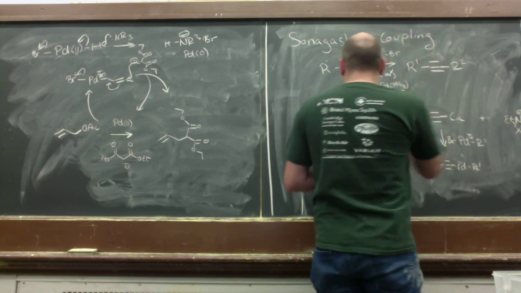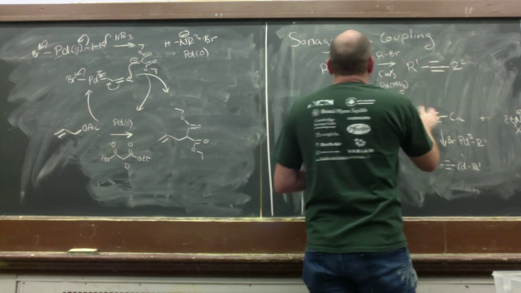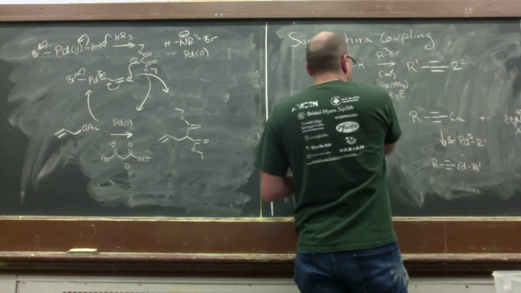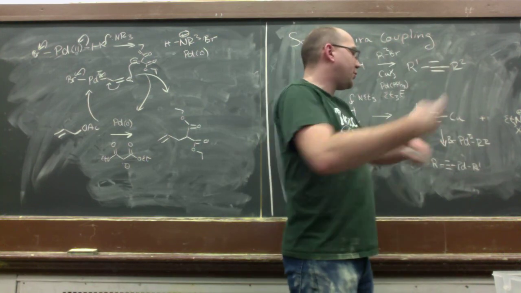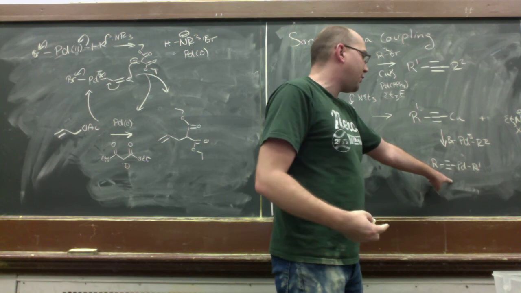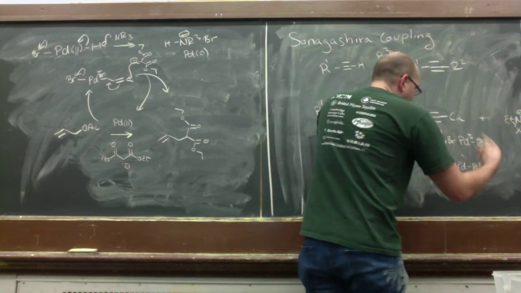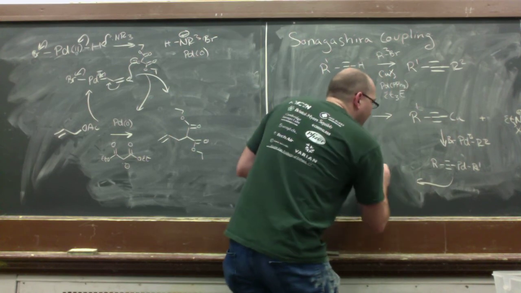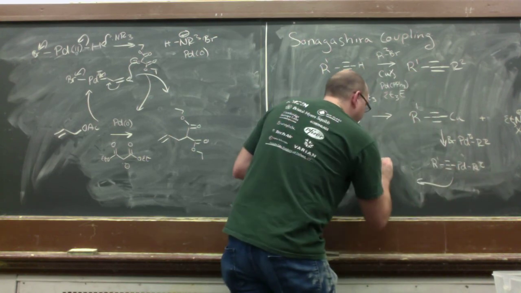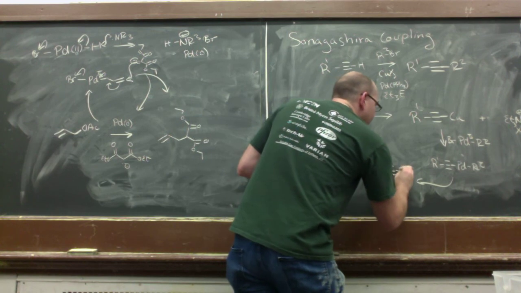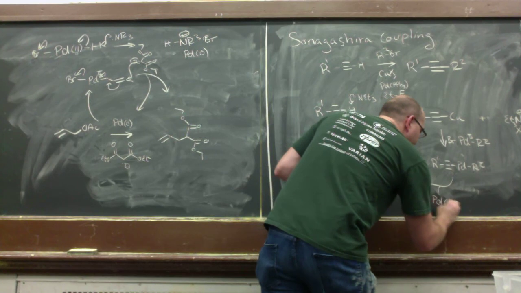So if we just make this R2, oh, sorry. Right, so you've got this palladium species, you can go back to the other mechanisms. Then what's going to happen is you're going to do the oxidative insertion, the transmetallation. Then you'll generate your alkyne bond, you'll generate palladium-0.